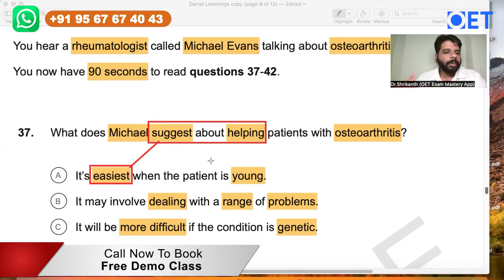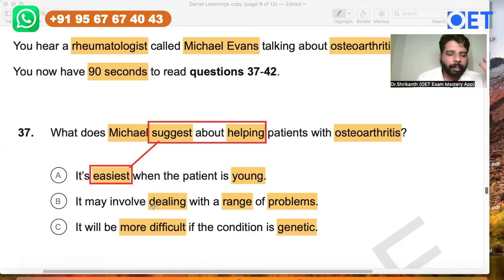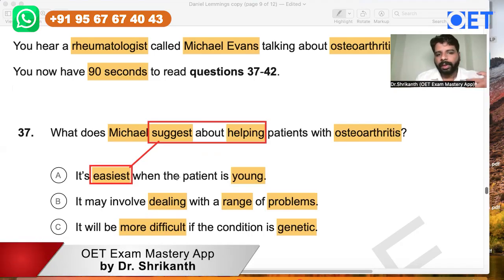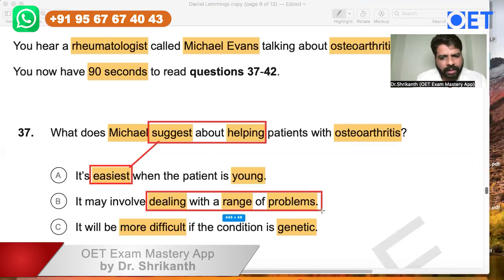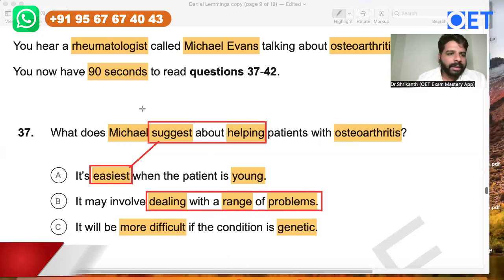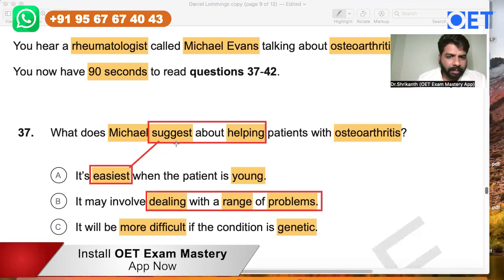Now let's come to the focal point of answer option B. It may involve dealing with a range of problems. What is the verb, what is the action over here? Dealing. Dealing is the verb. So dealing with a range of problems is the suggestion about helping patients with osteoarthritis.